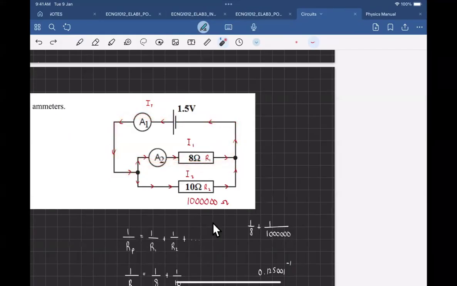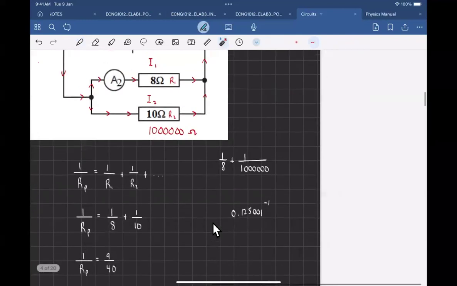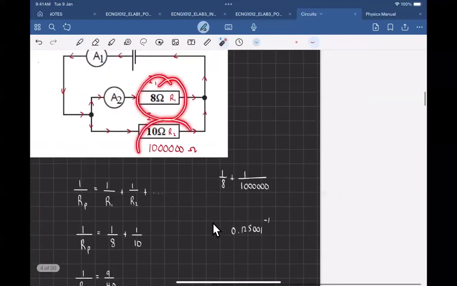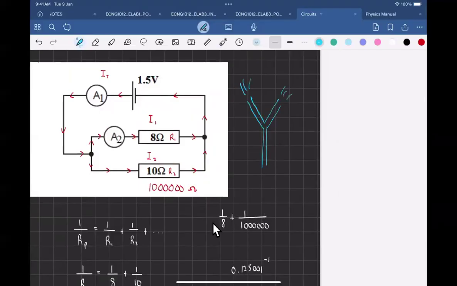So, Justin, let me explain that. If this resistor here is 8 ohms and this is a million ohms, you're probably thinking, well, that resistance should be really high. But no. Imagine you have a hose, and this hose has two different parts, with water flowing here and water flowing here.